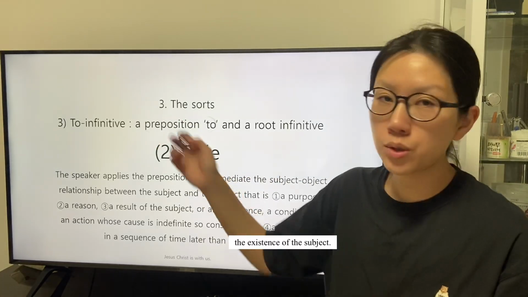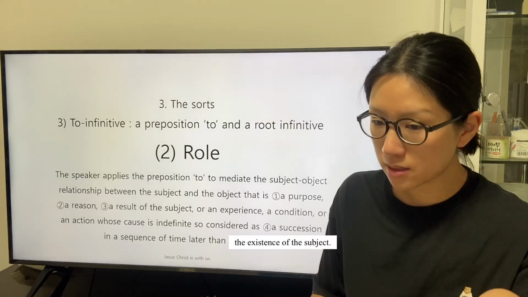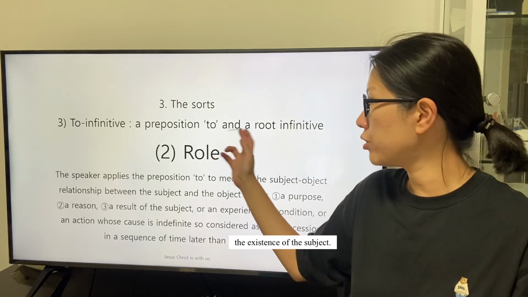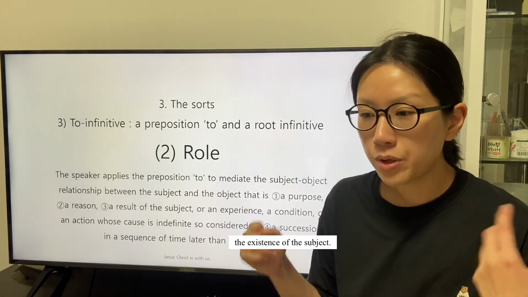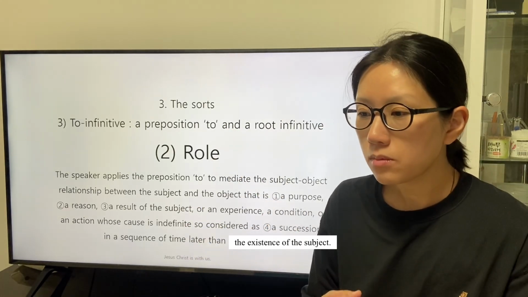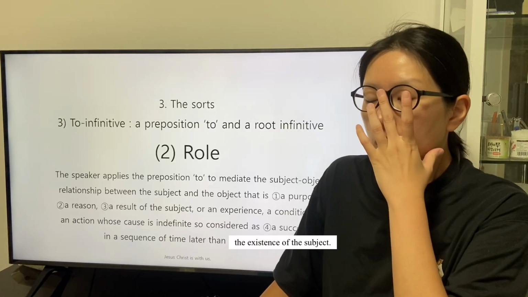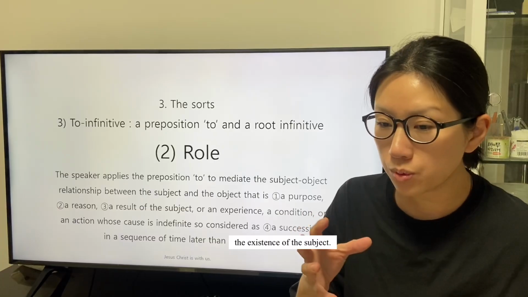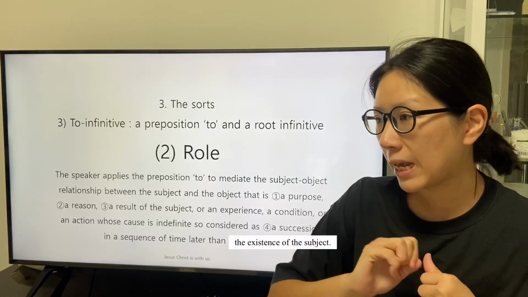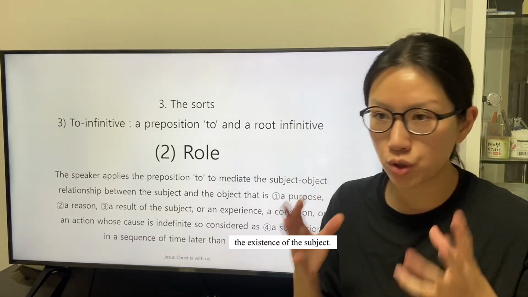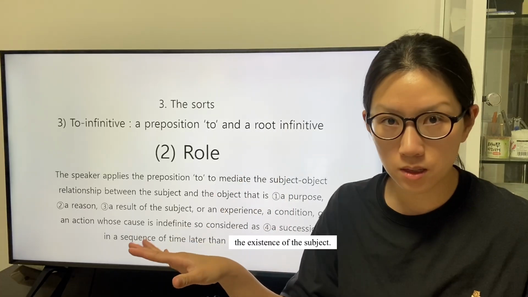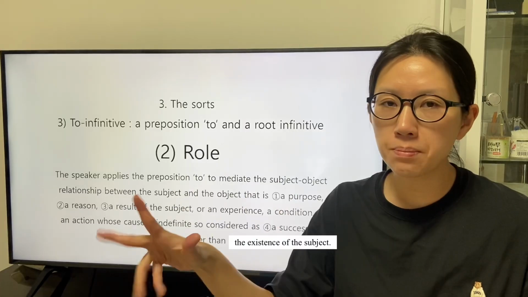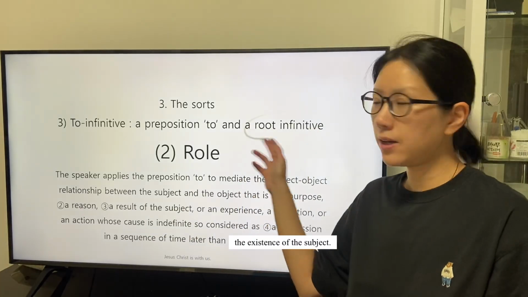So the preposition to mediates the subject and object relationship indicated by a root infinitive, and the subject of the preposition to starts and gives the definition of the preposition to the object indicated by the root infinitive.